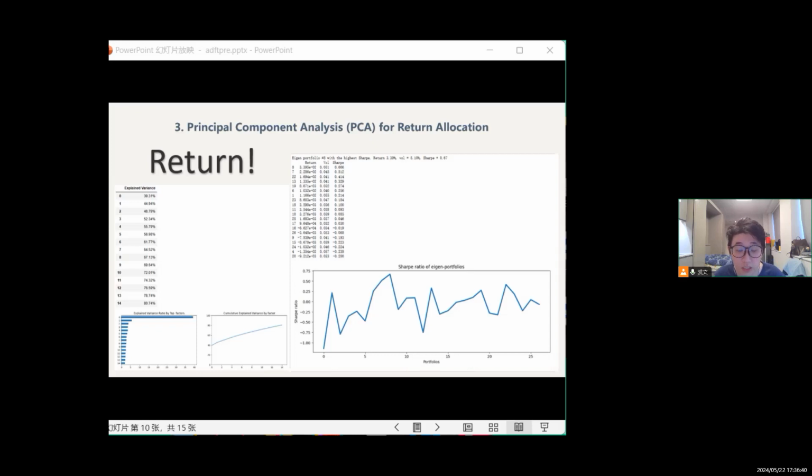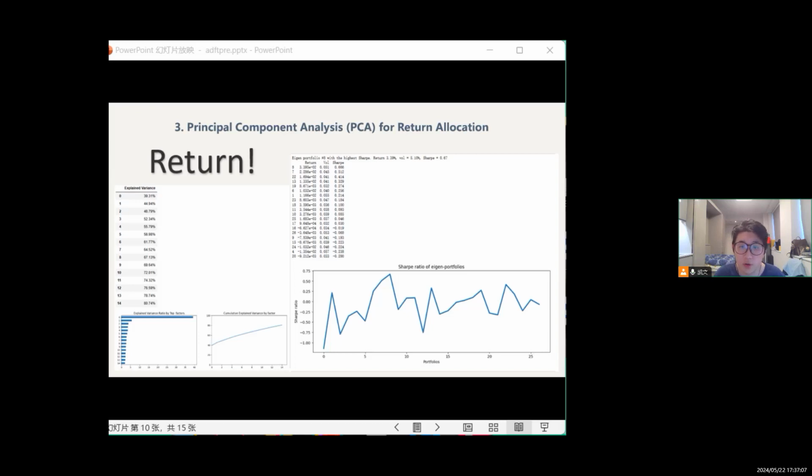In the left picture, the results show that 80.74% of the information in the original data can be captured, and if the first 15 principal components are selected, they will retain this percentage of the original data information.